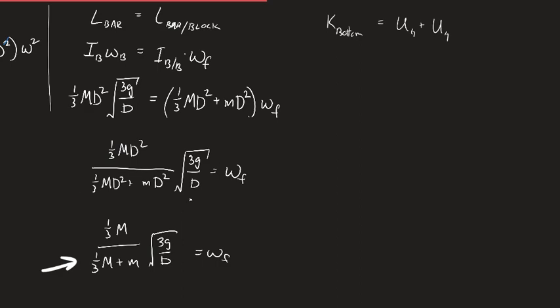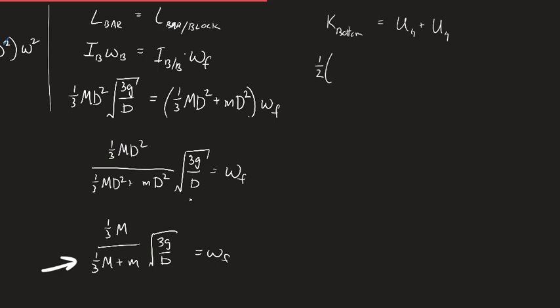This is just terrible. This is going to look awful. And I feel bad to even have to write it out there, but I'm going to. 1/2 I. This has to be the moment of inertia of the block bar system.